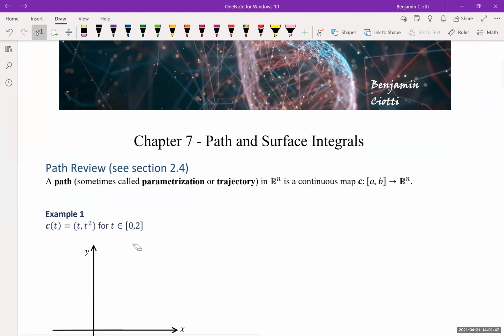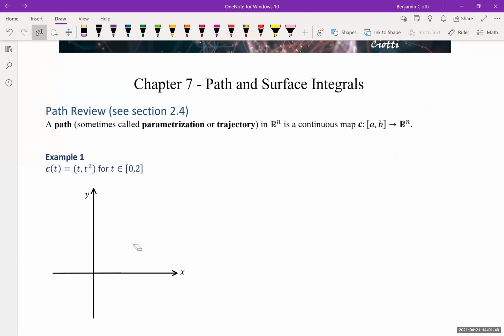We're starting in chapter 7 on path and surface integrals. Pretty much we want to be able to integrate over any shape you can imagine, because we started the class talking about integrals over rectangles, and we moved on to integrals over 3D volumes.